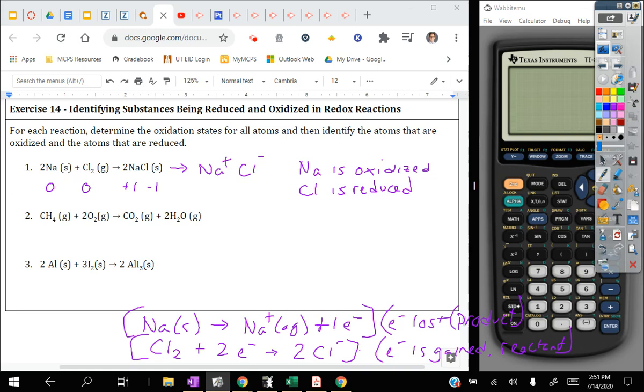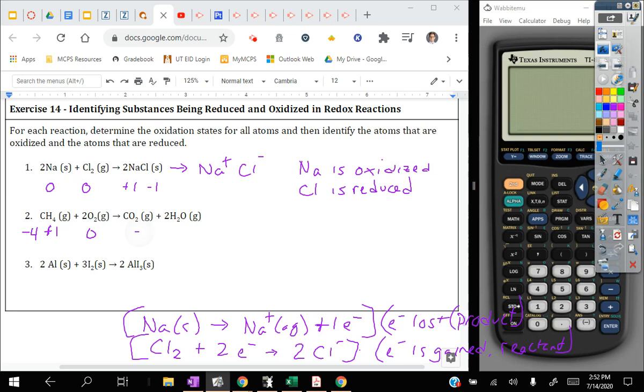All right, let's try a couple more. With oxygen, elemental oxygen is 0. We said that when hydrogen is in a covalent compound, it will have a +1 charge. If each of these hydrogens is +1, then carbon has to be -4.